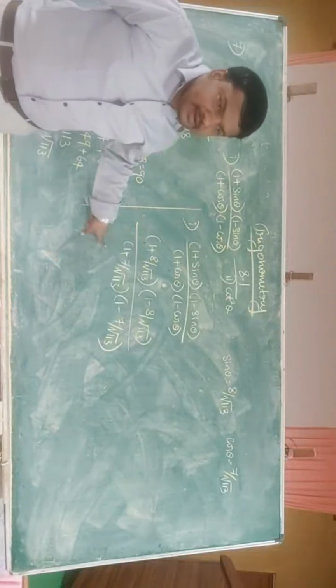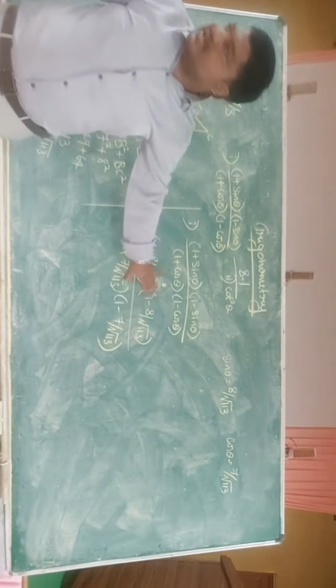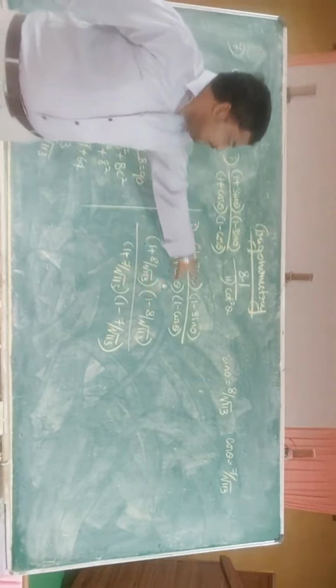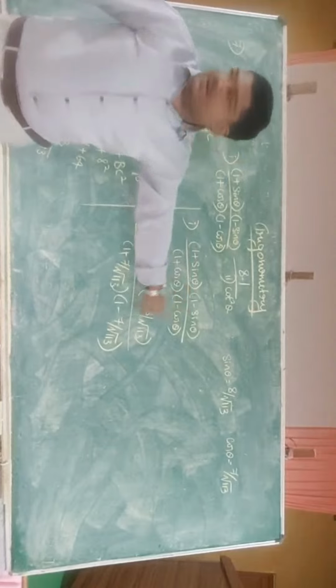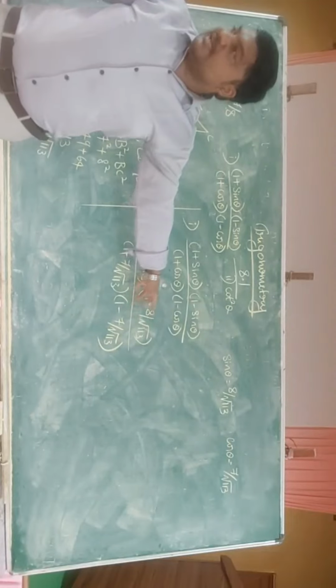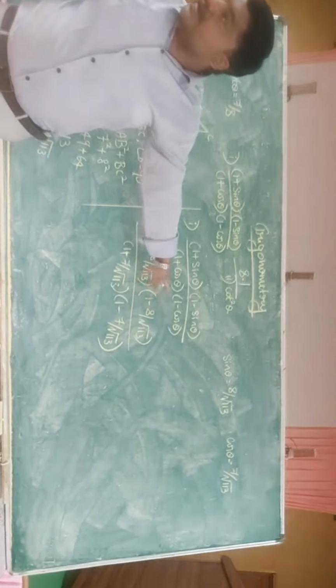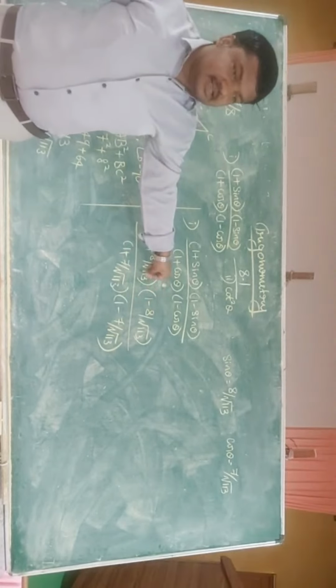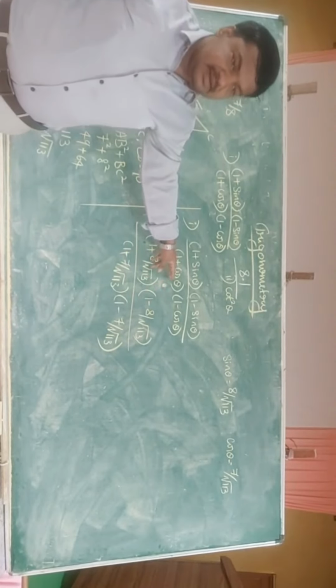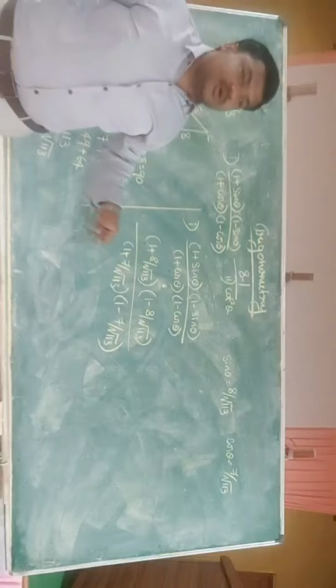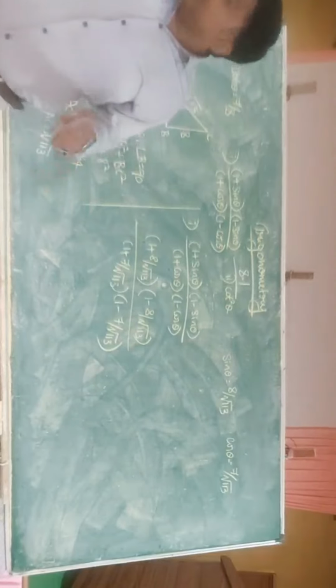You can see the numerator and the denominator look like a plus b into a minus b. What is the algebraic identity? A square minus b square is equal to a plus b into a minus b.